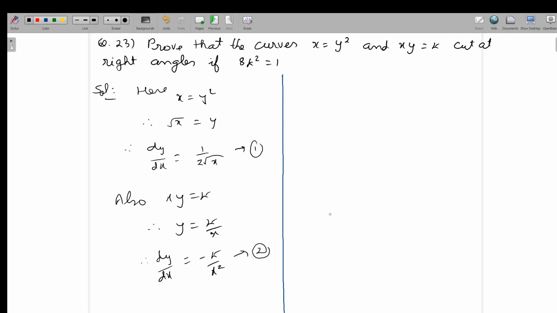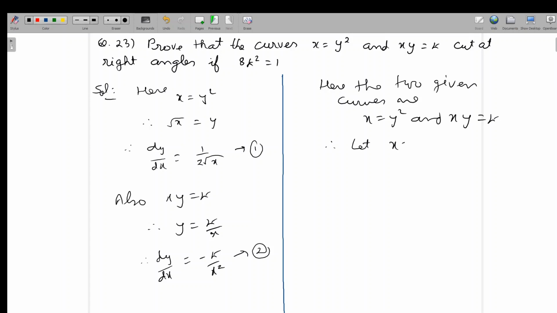Now we'll find the common point of intersection of both the curves. The two given curves are x equal to y square and xy equal to k.